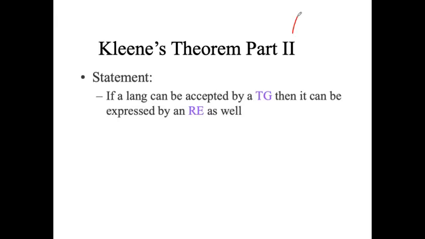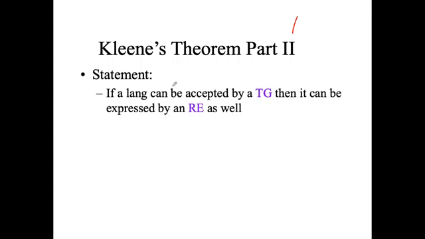Let's go to part 2. The statement of this part 2 is, if a language can be accepted by a transition graph, then it can be expressed by regular expression. So what we are doing is showing the conversion from transition graph to regular expression.